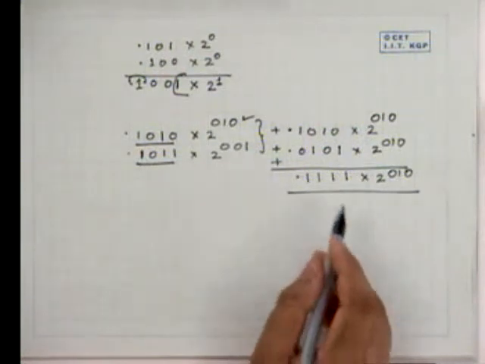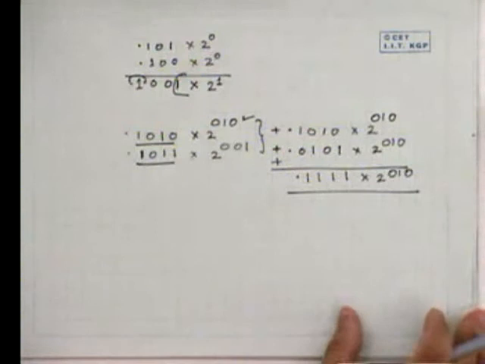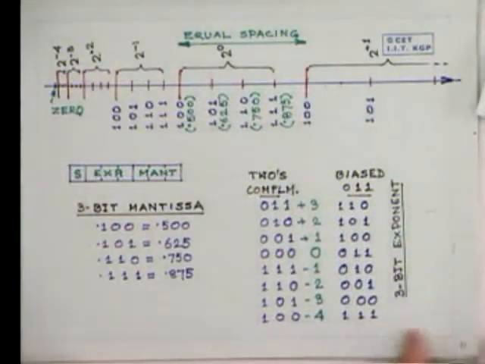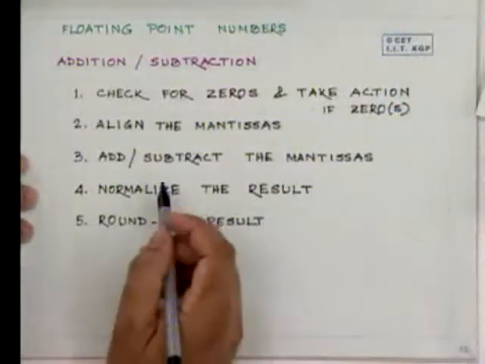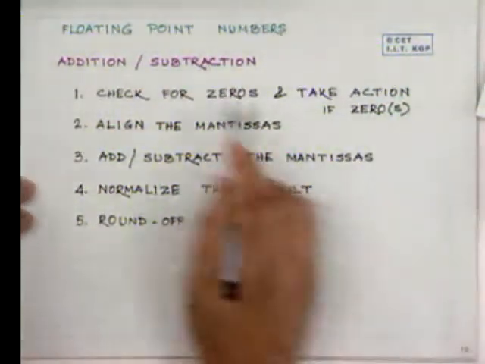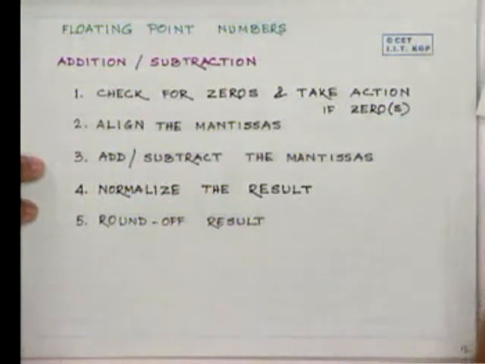Similarly, for addition and subtraction, the same procedure has to be followed, and we can represent the basic steps of addition and subtraction this way. We check for zeros. Naturally, for the floating point numbers we are trying to add or subtract, we have to check for 0 first.